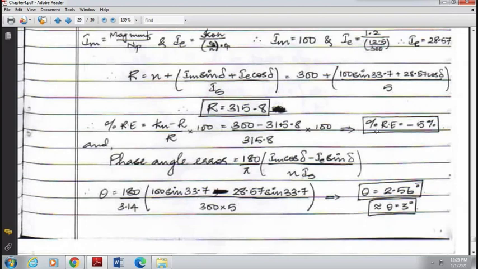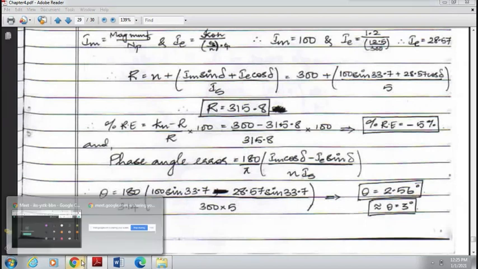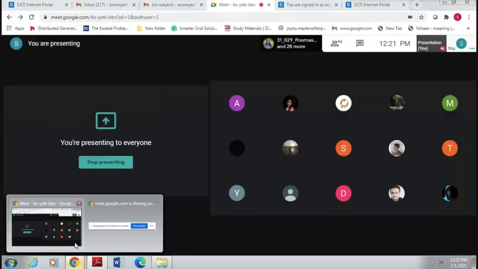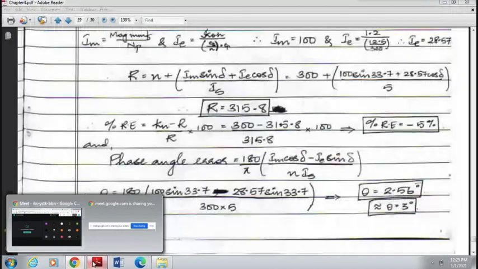Did you do the substitutions? Yes. Can you hear me? Ma'am, 2.57. ಬರ್ತಾ ಇದೆಯಾ? Okay, fine. 2.57. Theta is positive, right? Phase angle. Yes, ma'am. Okay. Others? See whether you're getting the same answer.